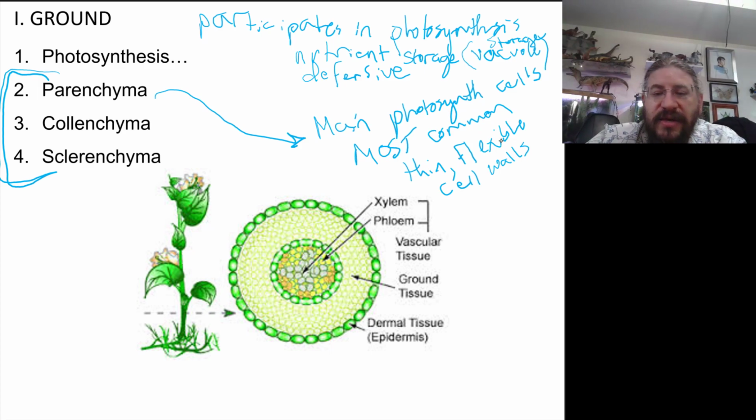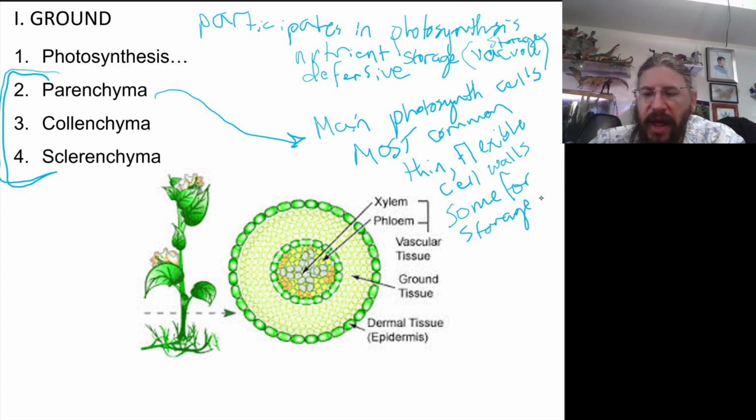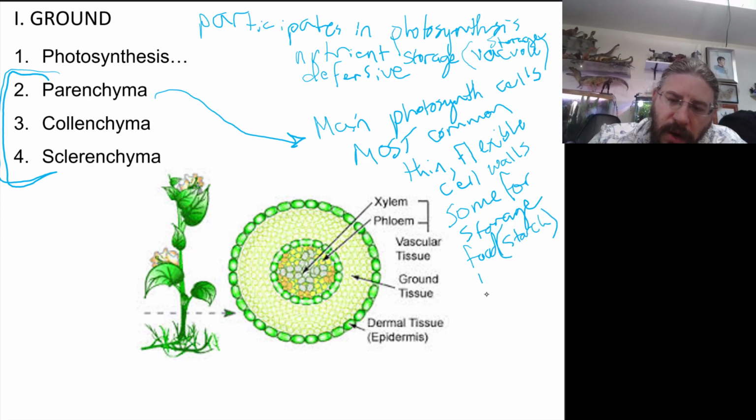And then some have those storage vacuoles, some for storage. Right? Including food, starch, most commonly, water, right?